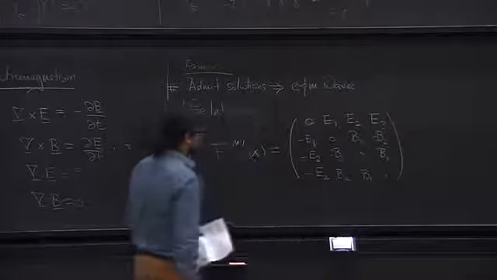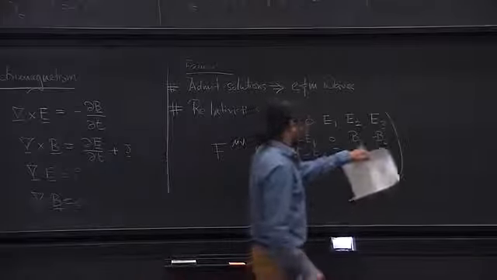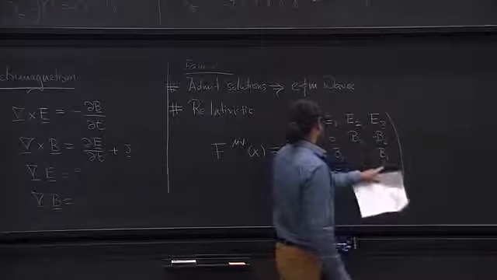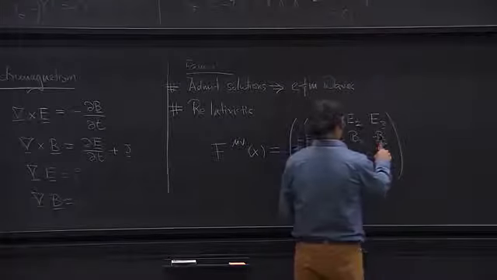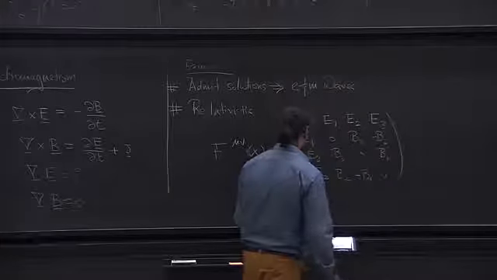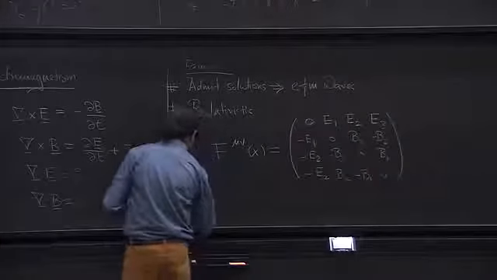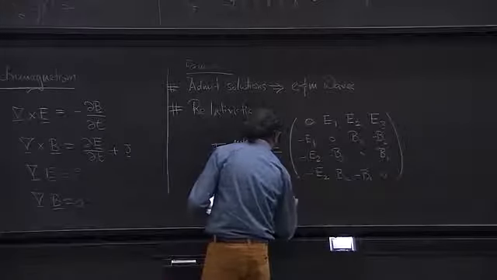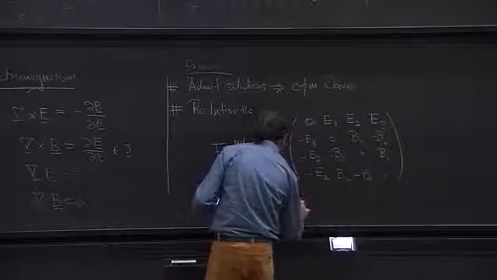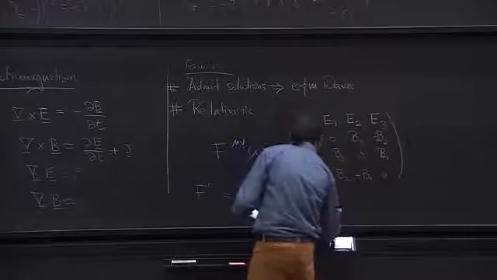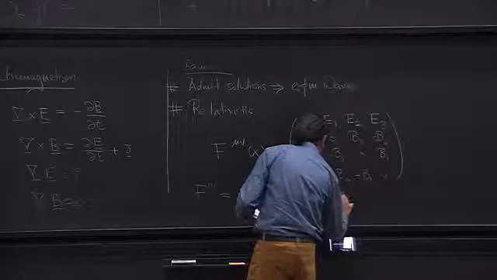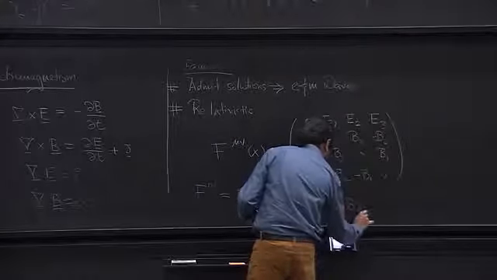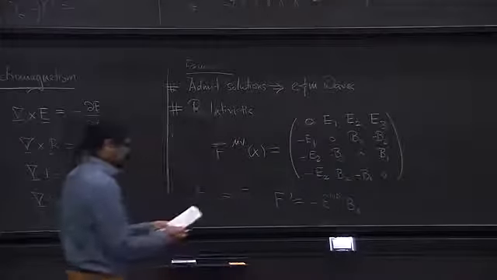So if you're wondering where, something's wrong, there should be a minus sign here. These signs come from this definition. The 0i component is given by this, whereas the ij components are given by these.